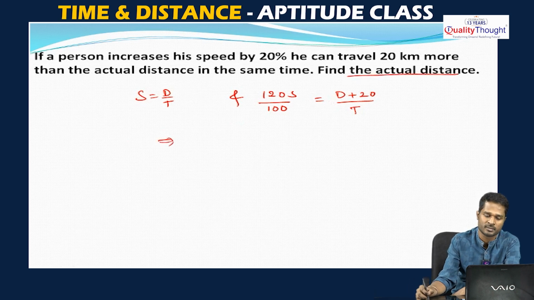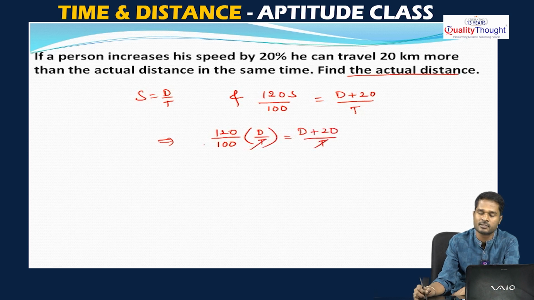Now let's substitute s is equal to d by t here, which is 120 by 100. S is nothing but d by t, which is equal to d plus 20 by time t.